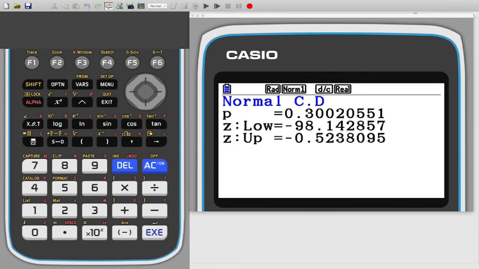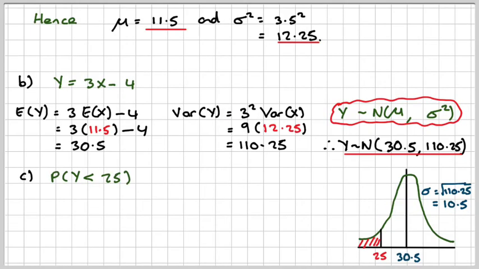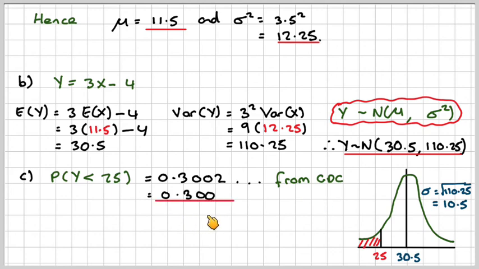Made a mistake there. No, it's actually correct. So we get 0.3002.